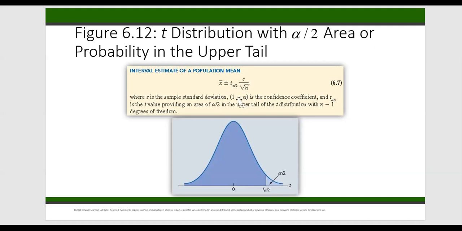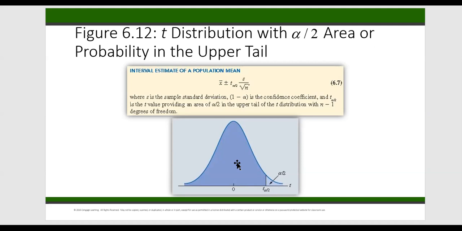Alpha is called level of significance. 1 minus alpha is called confidence level or coefficient of confidence or confidence coefficient. Alpha would be basically the chance that the interval that you're generating does not contain mu at the end of the day.